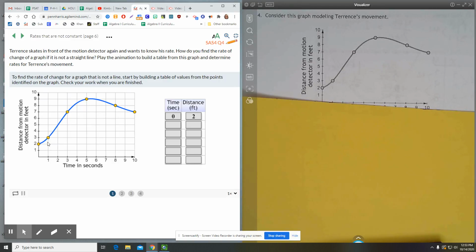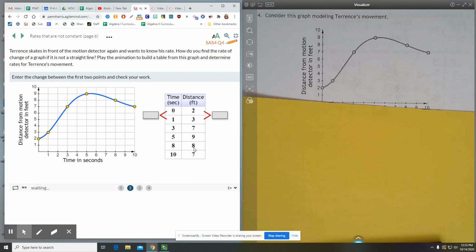At 1 second, he is at 3 feet. At 3 seconds, he is at 7 feet. At 5 seconds, he is at 9 feet. At 8 seconds, he is at 8 feet. And lastly, over here at 10 seconds, he is up at 7 feet.